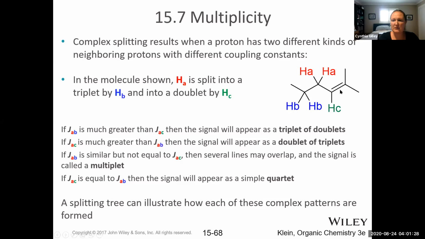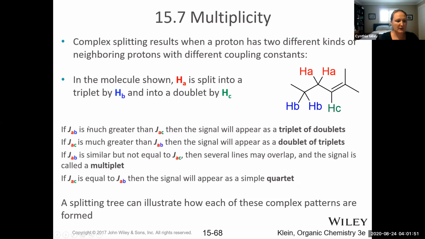And C will split A into a doublet because there's one C. And because there are two HBs, that splits A into a triplet. So you're either going to get what's called a triplet of doublets, a doublet of triplets, and we're going to talk about how it's possible to get a multiplet and then a simple quartet.